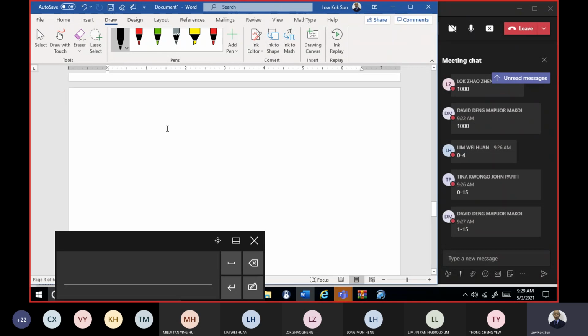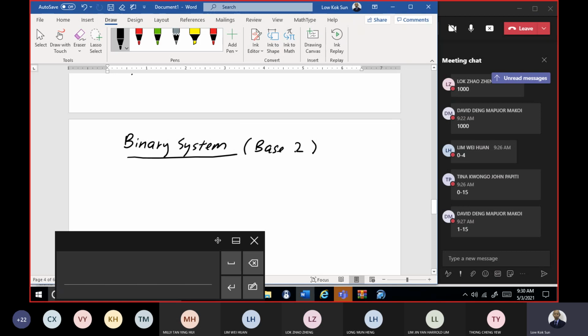So I want to start another system. I call it base 2. I call it binary system. Now base 2, of course, since it's base 2, the possible numbers are 0 and 1, right?